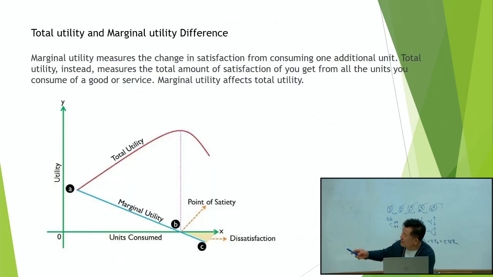More consumption means going to the right side of the axis, and the total utility increases a little bit, but at some point it goes down.